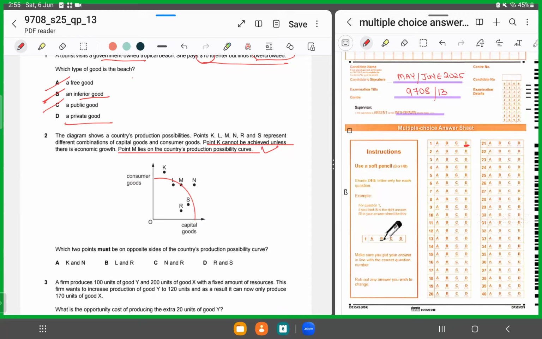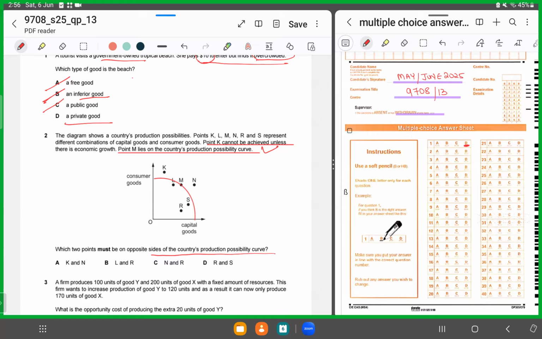Now, that means L, R, and S could be inside the PPC. L, R, and S are showing inefficiency. They are unemployed resources. Which 2 points must be on opposite sides of the country's PPC? If you want something on the opposite side, you need to pick 1 point inside the PPC and 1 point outside the PPC.